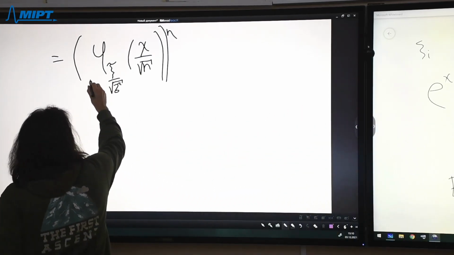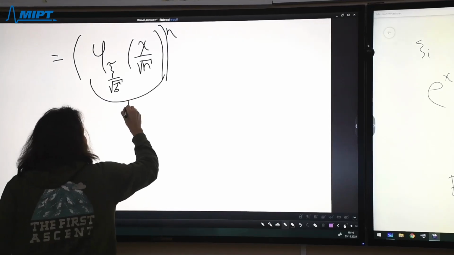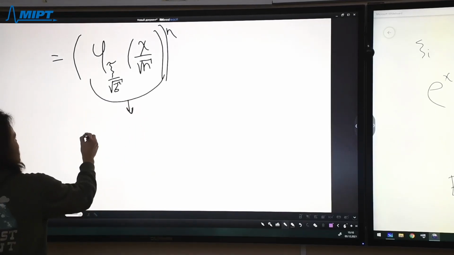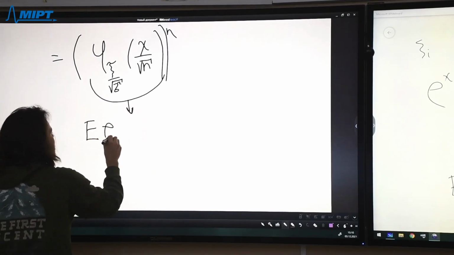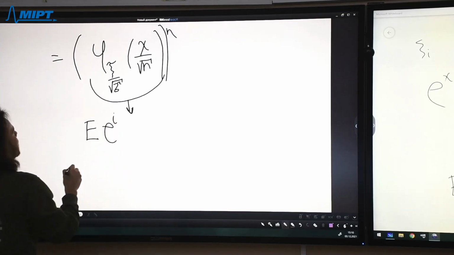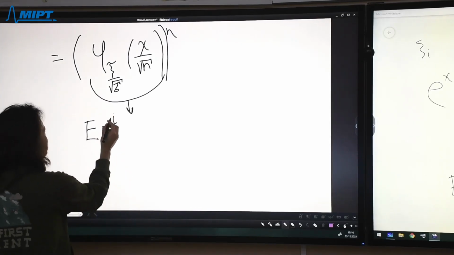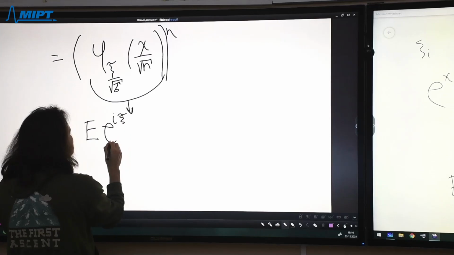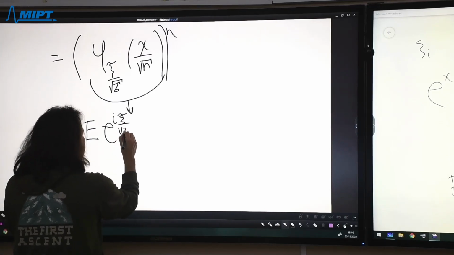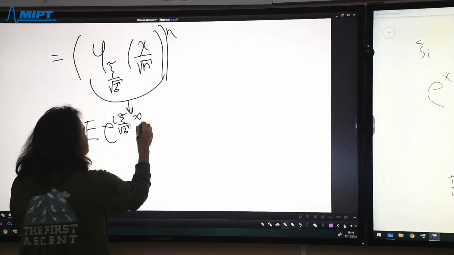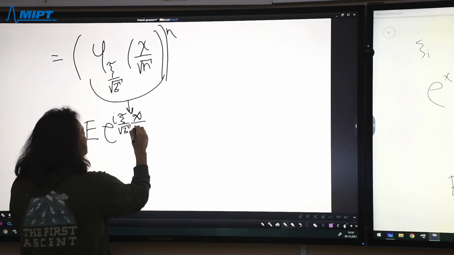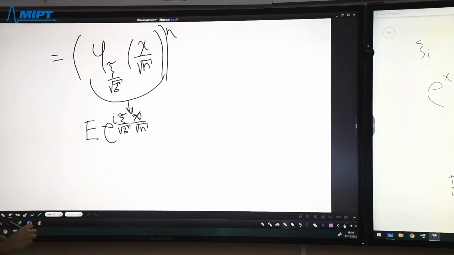And now, let's look at this. What is this? So this is the expected value of e to the i psi overline over the square root of sigma squared, and x, like this, right?